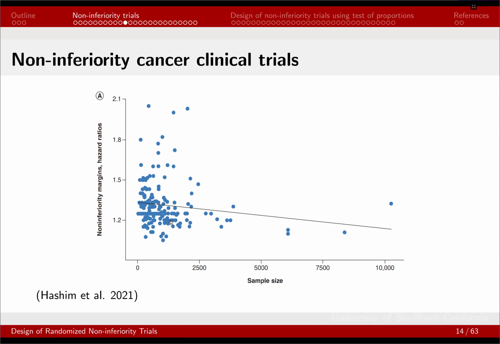Because it's a ratio, the hazard ratio, right? What goes into that cost-benefit usually? I will discuss some of that in later slides, but generally, the non-inferiority margin cannot be more than the effect that we observe using the standard of care. So you cannot just study a treatment that goes back to the history, basically.